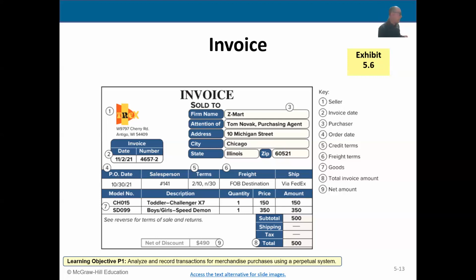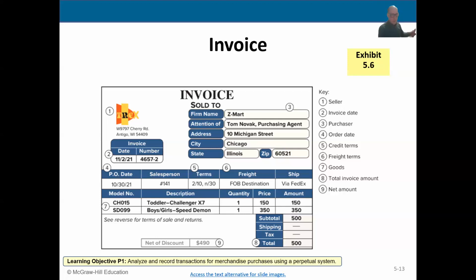Destination means that the seller is responsible for the goods while they're in transit until it reaches its destination. Right? Free on board destination. That's what we call shipping terms. We'll talk more about that here in a few minutes.